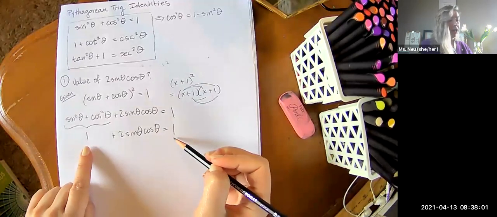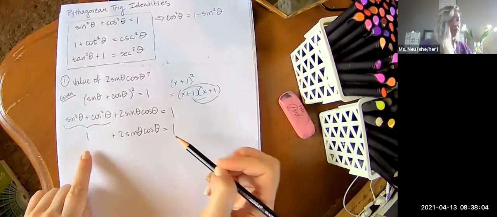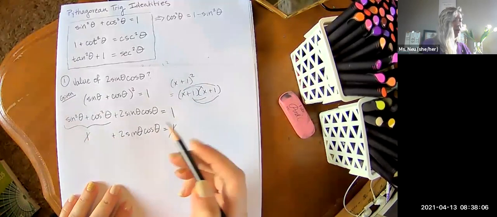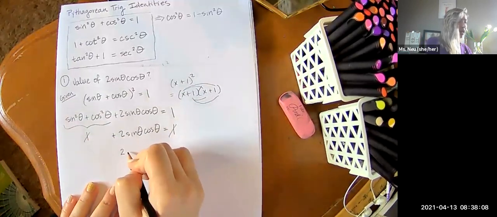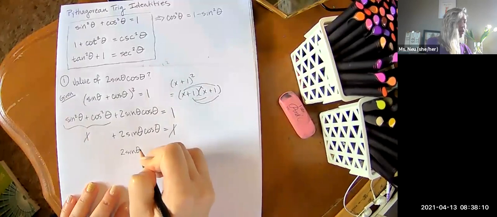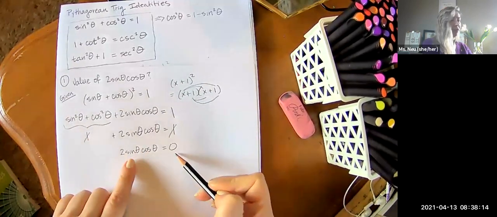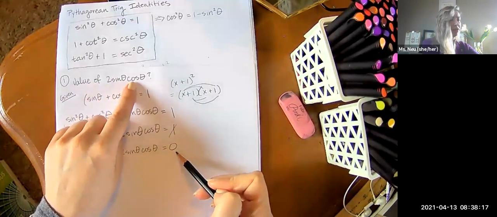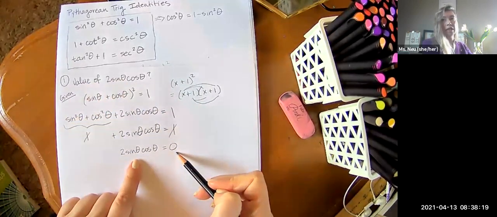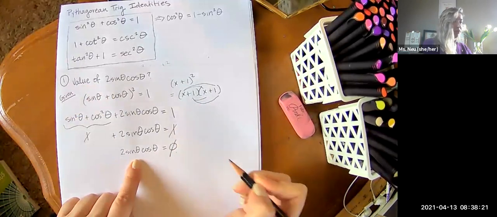And then if I subtract 1 from both sides, they're going to add to nothing. And then 2 sine theta cosine theta equals nothing. So the answer to this is the value of 2 sine theta cosine theta is 0, big fat 0.